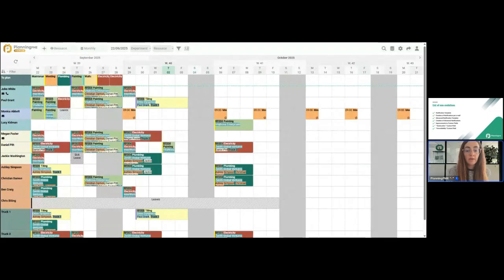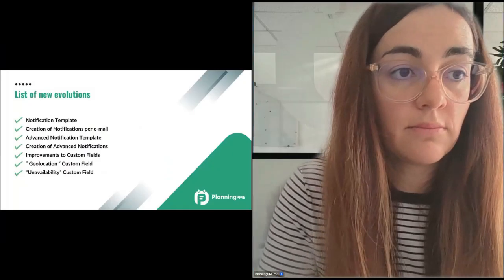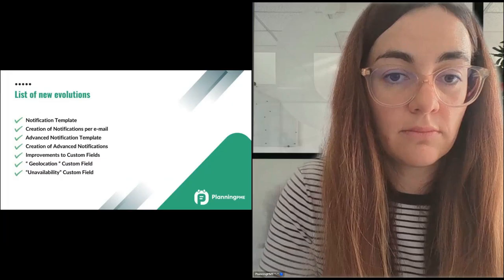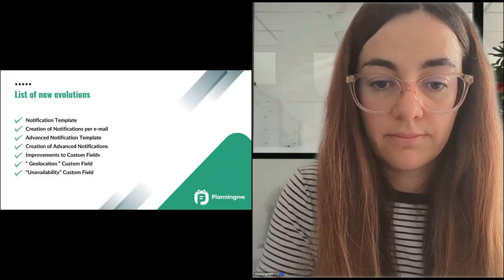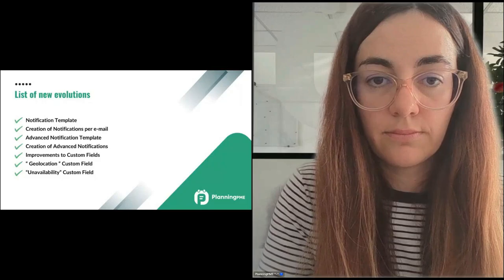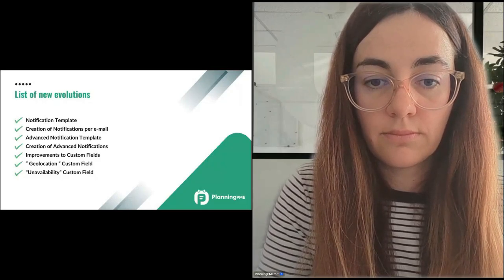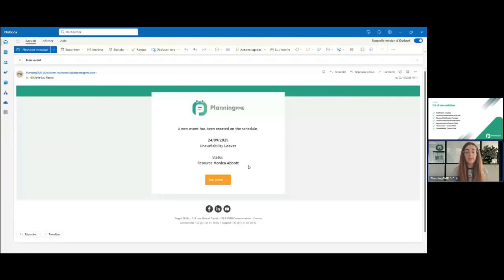So let me now share my screen again with you so that you can see the notification for Monica. So as you can see now, Monica is asking for the leave. This is the first step.